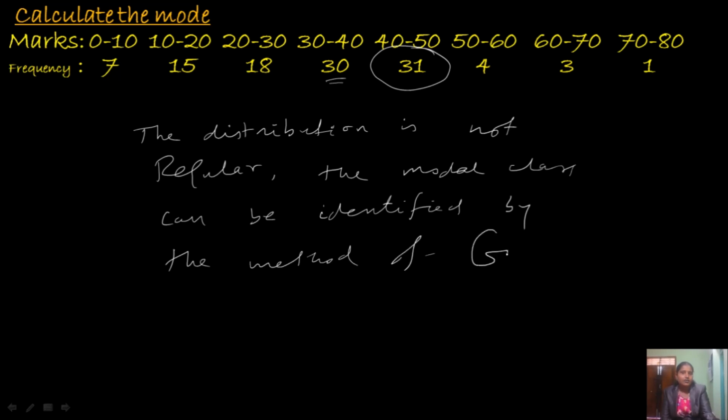That is, we go for the grouping and analysis table to find the modal class first, and then calculate the value of mode using the formula.